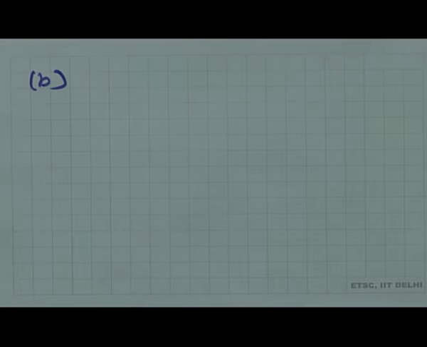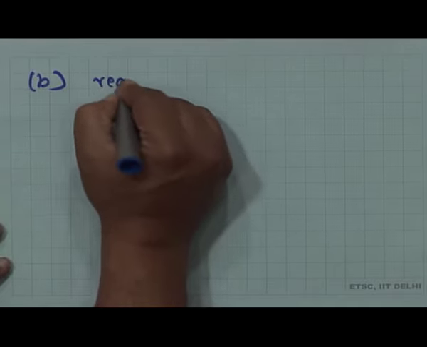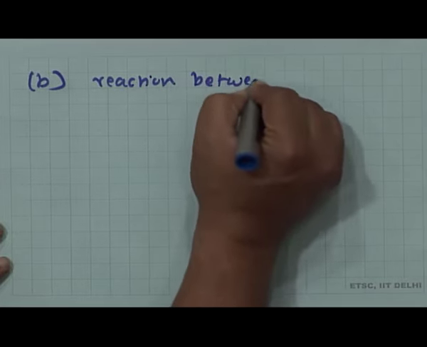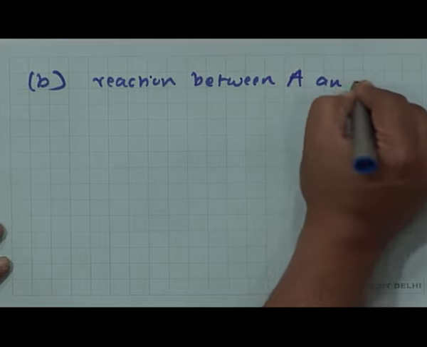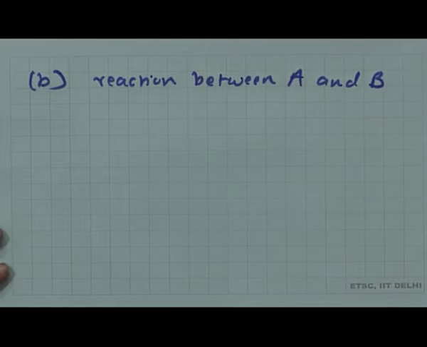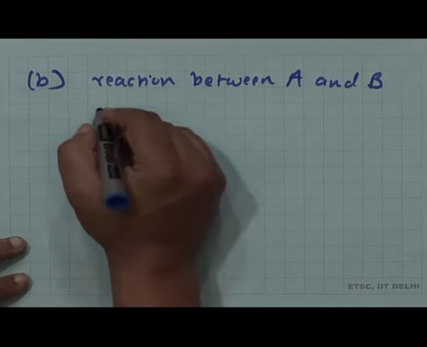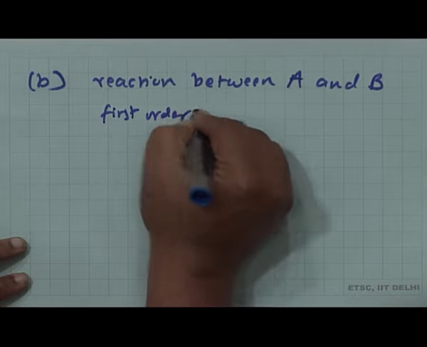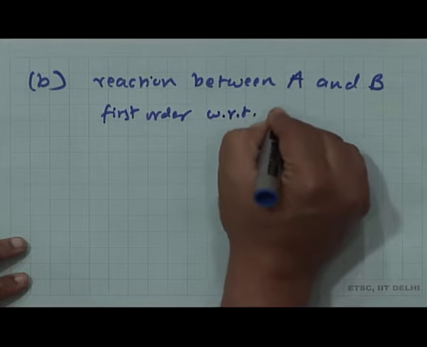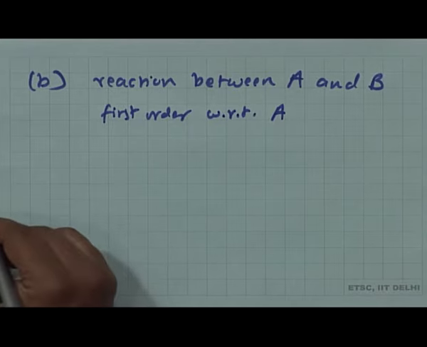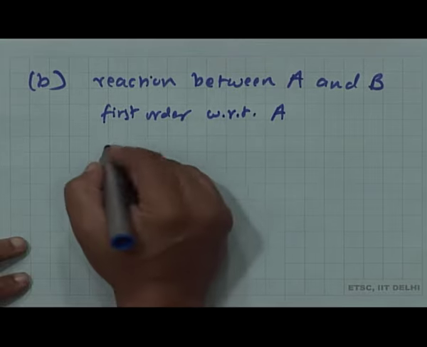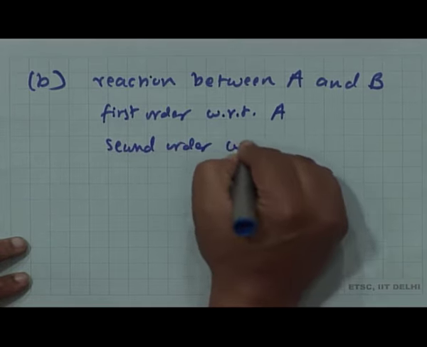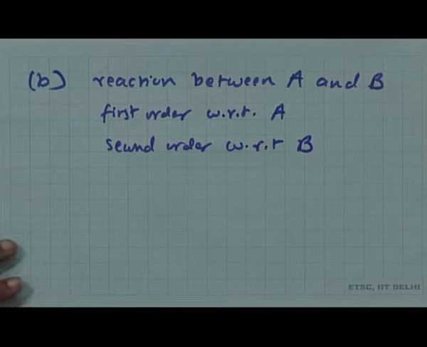We say this is example B. We have a reaction between A and B. These are the two reactants, and it is again said that the reaction is first order with respect to A, and say second order with respect to B.